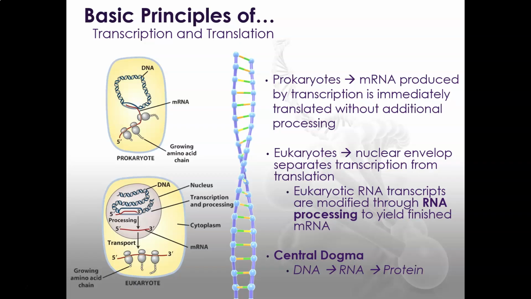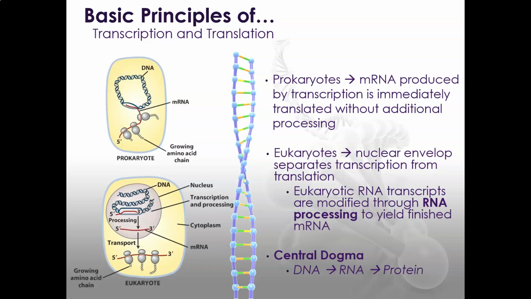When we look at this process in eukaryotic cells, on the other hand, that nuclear envelope does complicate things, but on the flip side, it does in some ways make the use of information a little bit more efficient. So transcription is going to have to happen in its entirety inside the nucleus of that cell before we can export it out to the ribosomes and the cytoplasm to do translation.